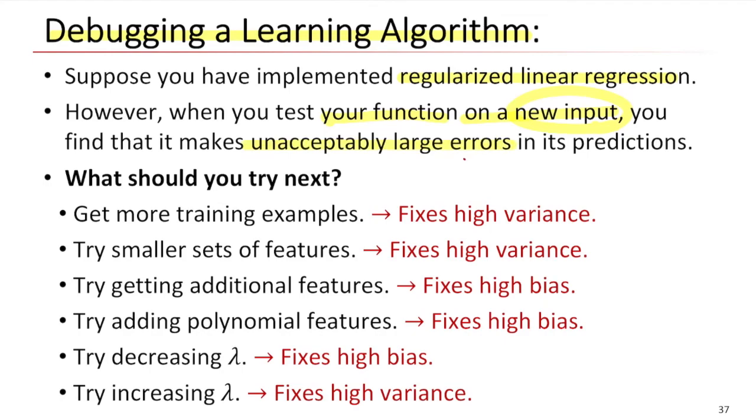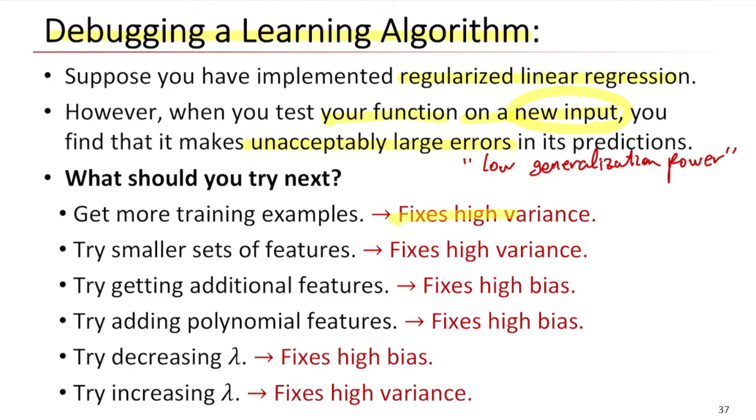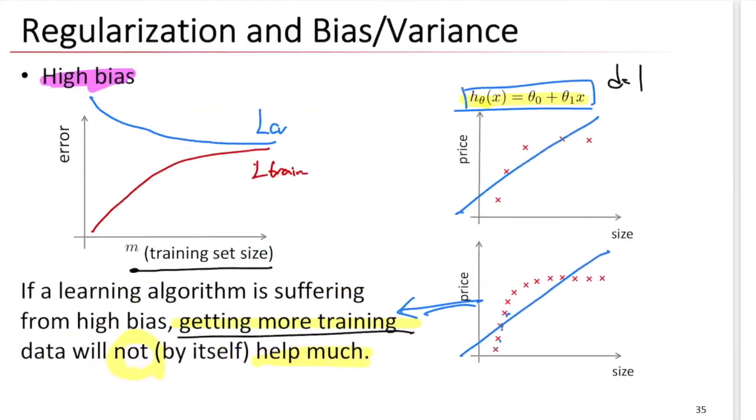So it means that it has low generalization power, right? So what should you try next? First of all, get more training examples. This fixes the high variance problem, and trying a smaller set of features will also fix the high variance problem, right?